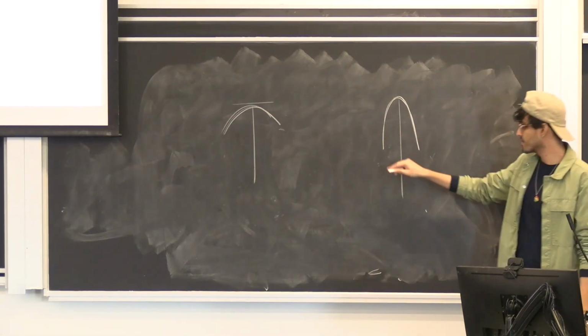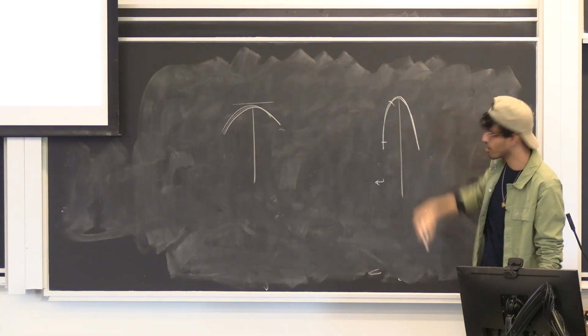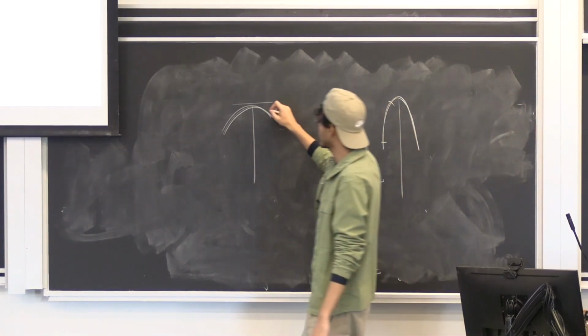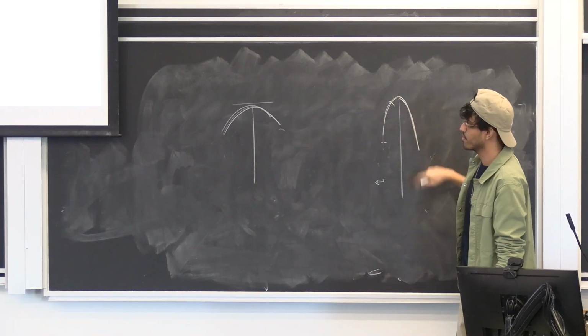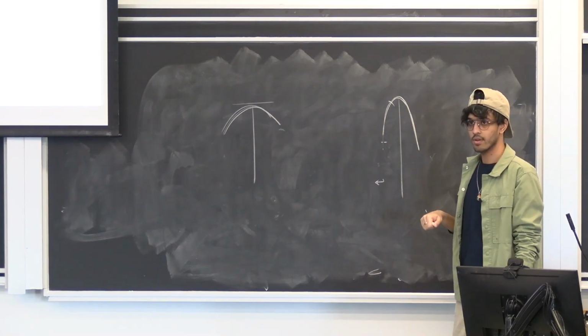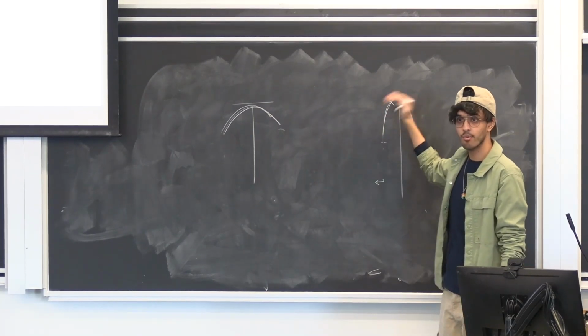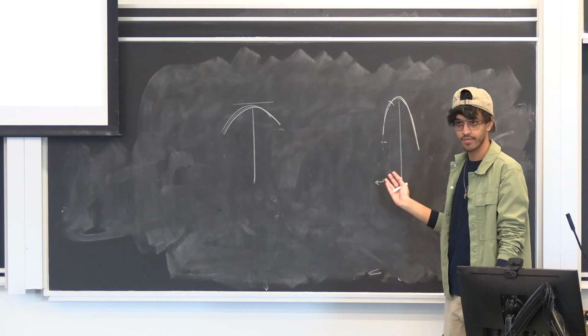Sharpness is good because it means that a small perturbation over here yields a large difference in the y value, right? So what if this is your log likelihood, then the derivative is the slope at some point. The double derivative is the rate of change of the slope. So how fast does it curve, right?